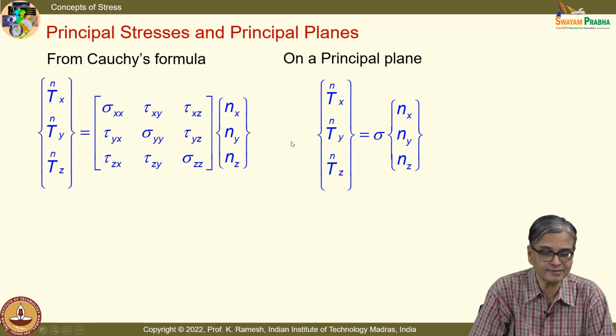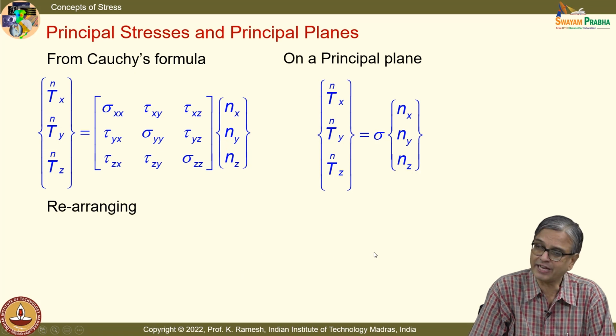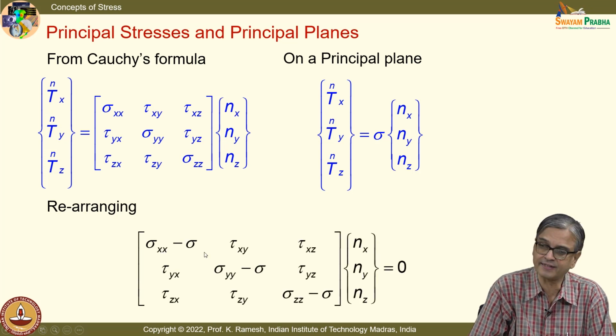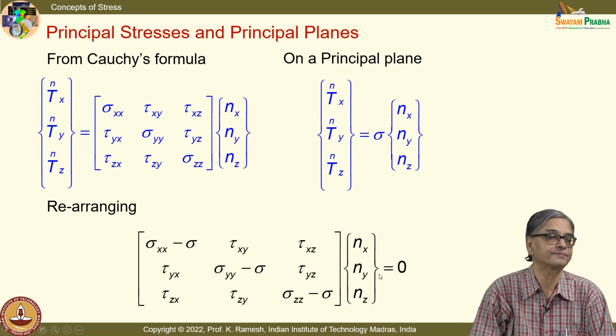So, now I can combine these two. I can replace tnx, tny, tnz in terms of this, and I can do a mathematical simplification, and I can rewrite this in this form. I have this as sigma xx minus sigma, tau xy, tau xz, tau yx, sigma yy minus sigma, tau yz, tau zx, tau zy, sigma zz minus sigma, multiplied by nx, ny and nz, equal to 0.